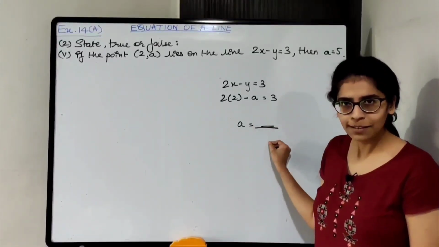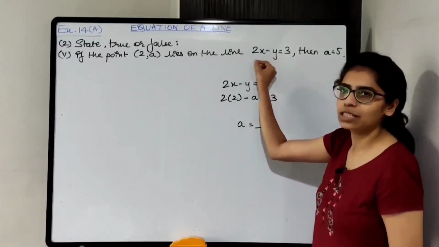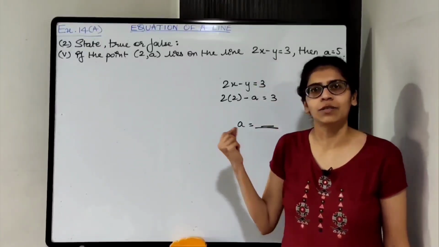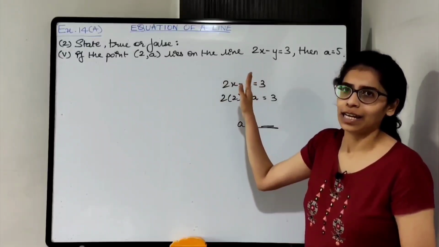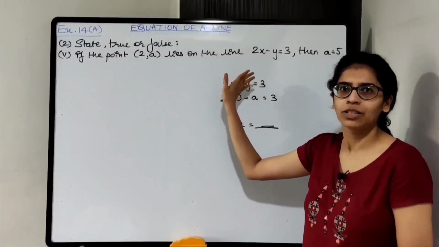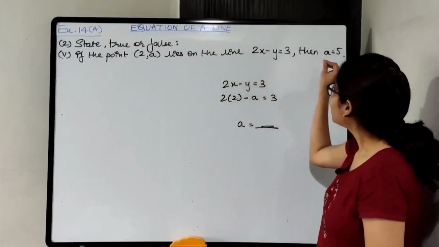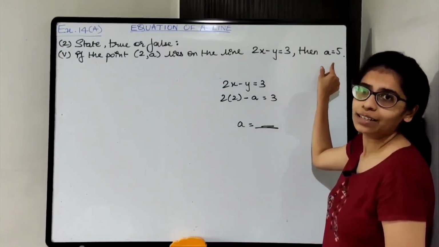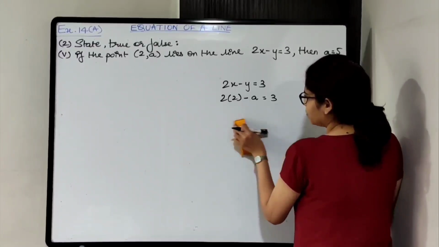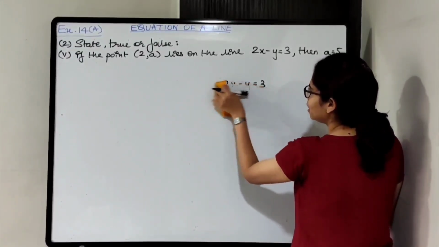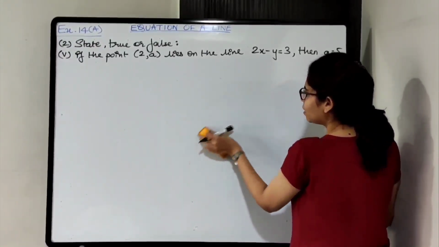Are you getting 5? So if you are getting 5, the statement is true, and if not, then the statement is false. Okay, so here it is lying on the line. Okay, 100% sure it is lying on the line, but you have to find out A का value true है या नहीं. Okay, so let's see. So we'll directly substitute in the equation only. No LHS, no RHS, nothing.